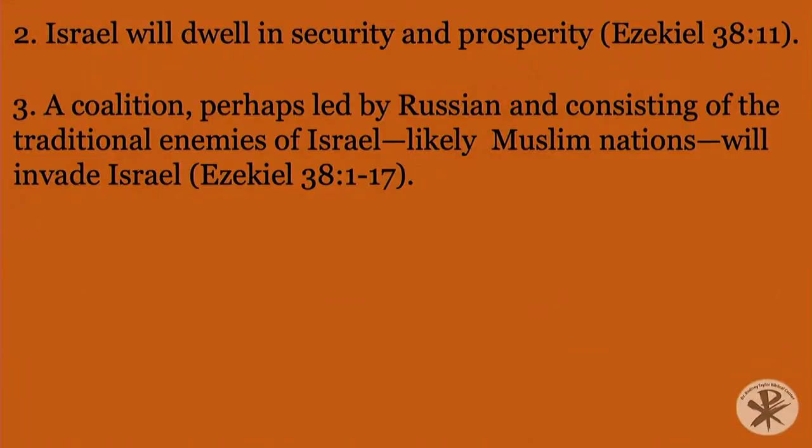The third prophecy is a coalition, perhaps led by Russia and consisting of the traditional enemies of Israel, likely to be Muslim nations, will actually invade Israel. That is found in Ezekiel 38, verses 1 through 17. Now, this coalition, as we know, is going to be supernaturally destroyed by God.